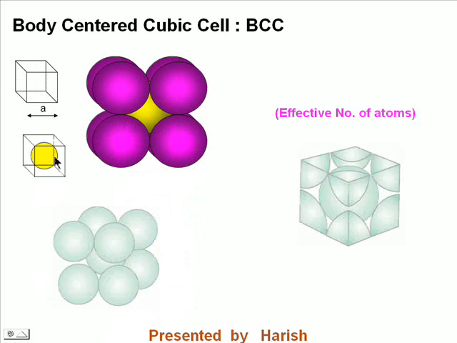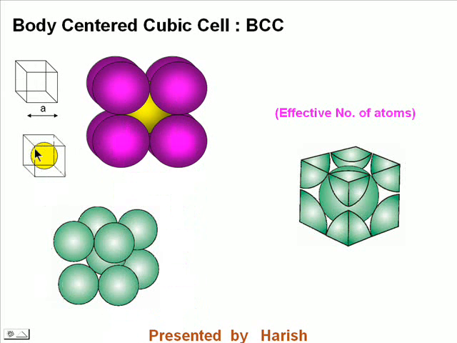So you have something like this. You have this one at the center. Of course you have 8 at the corners. I didn't represent here. Actual diagram will be something like this. You can see there's going to be 1, 2, 3, 4 here, 4 above, in between 1. So there are going to be 9 atoms that will make a particular body centered cubic unit cell.